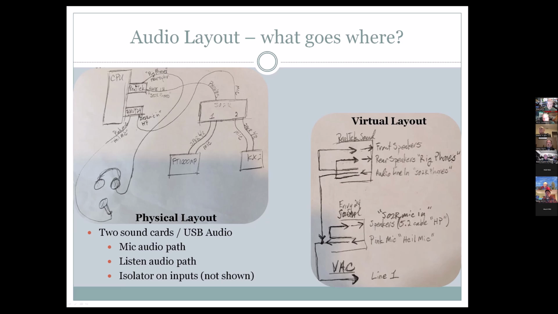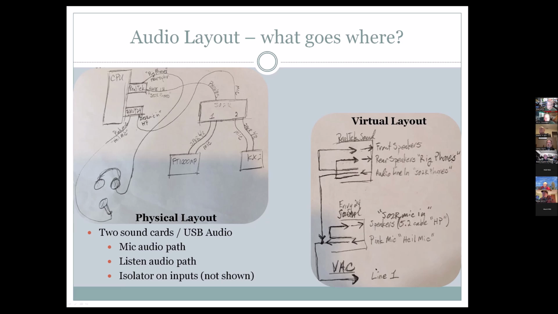So this loop here from the phones to the speakers or my headset is a virtual cable. I can choose my front speakers. I also have a duplicate virtual cable hooked up to the rear speakers, which is what my headset's plugged into. And then that also goes to an audio cable that I use to do contest recording. So my radio output goes into a contest record as well.